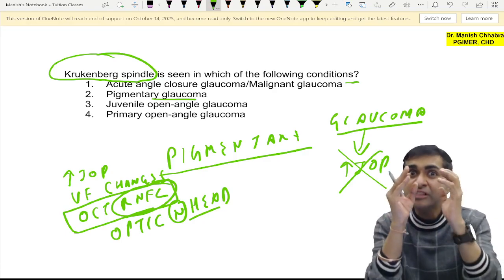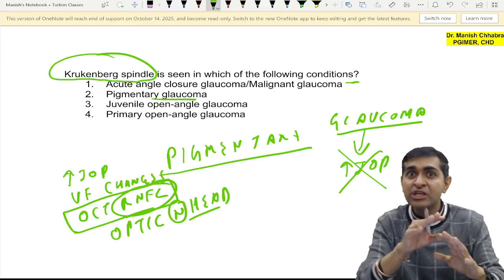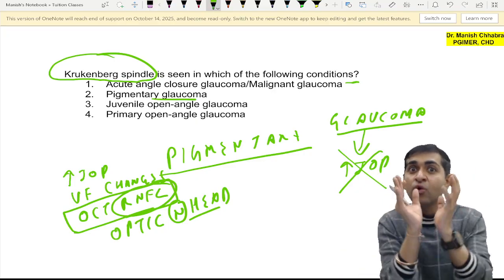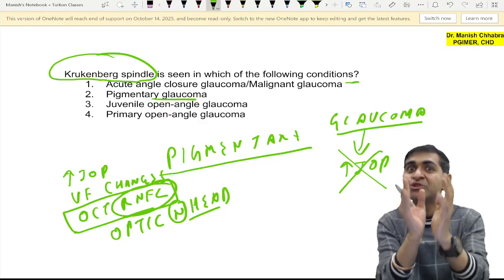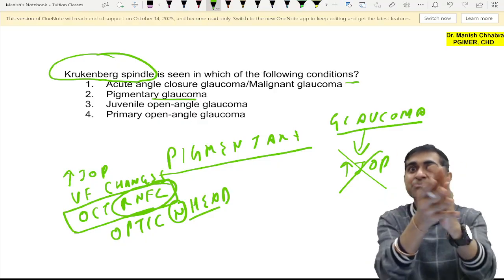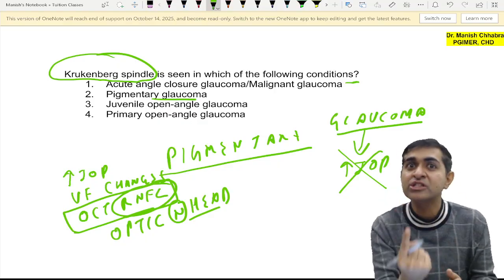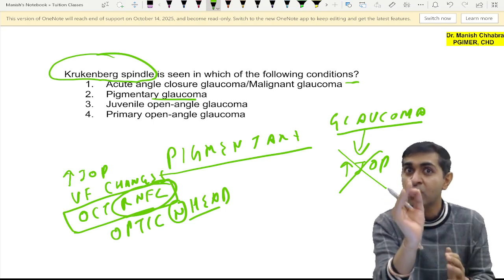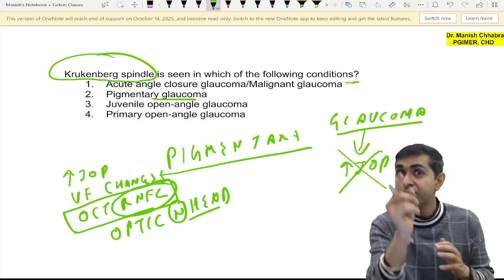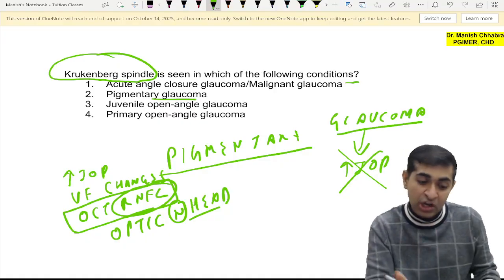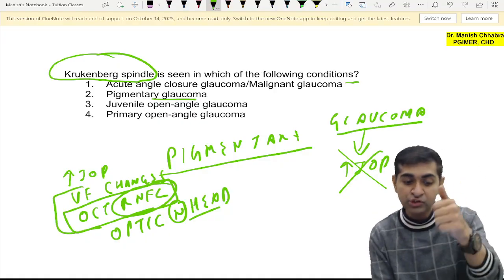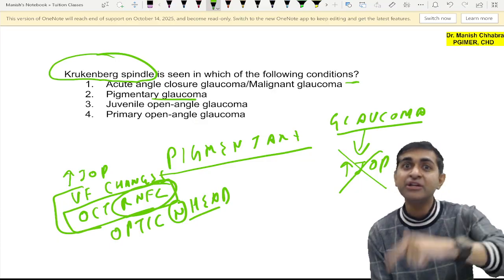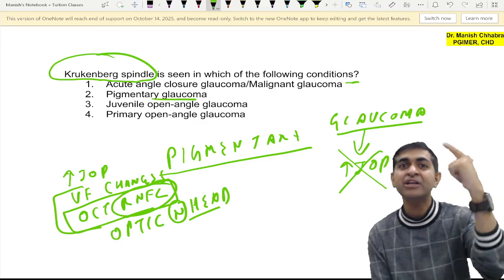But if there is just the pigment not causing visual field change or optic nerve head change, then you will call it pigment dispersion syndrome. Even if it is causing raised intraocular pressure, you will call it pigment dispersion syndrome. If it is causing raised intraocular pressure along with either visual field changes or optic nerve changes, then you will call it pigmentary glaucoma.